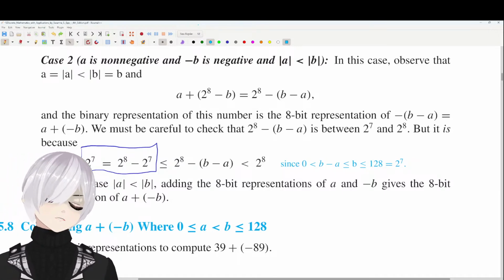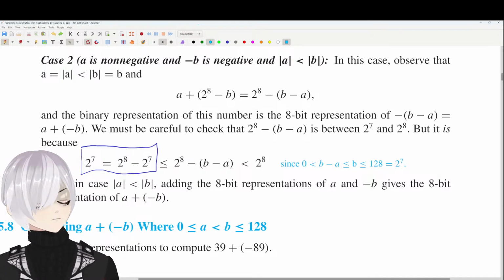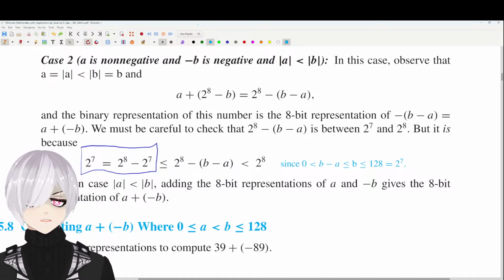So there is some relationship between the powers that can be accessed with just addition alone.